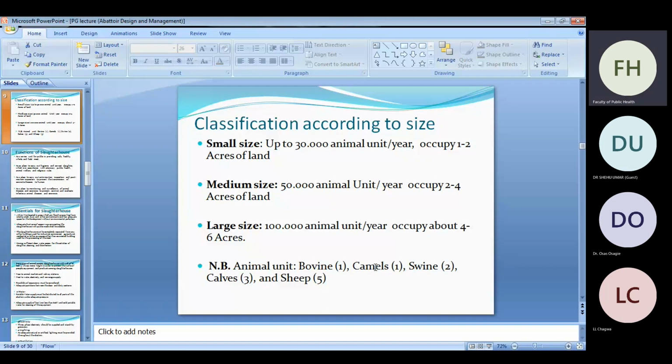It can also be a large size slaughterhouse when 100,000 animals are slaughtered per year, occupying maybe between 4 to 6 hectares of land. In this animal unit, we are talking about bovine, just one per bovine, cattle, camel, one, swine, two, calves, three, and the sheep, 5.